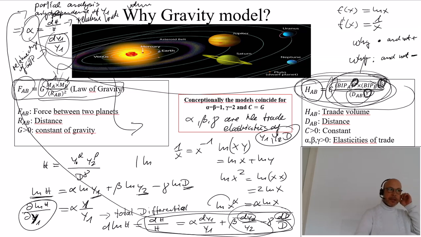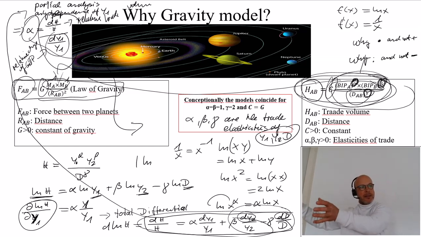This is very, very often done in economics when you want to do econometrics, when you want to do quantitative analysis, that you do not take the variable itself, but the log of the variable, because then you obtain the sum of the variables.